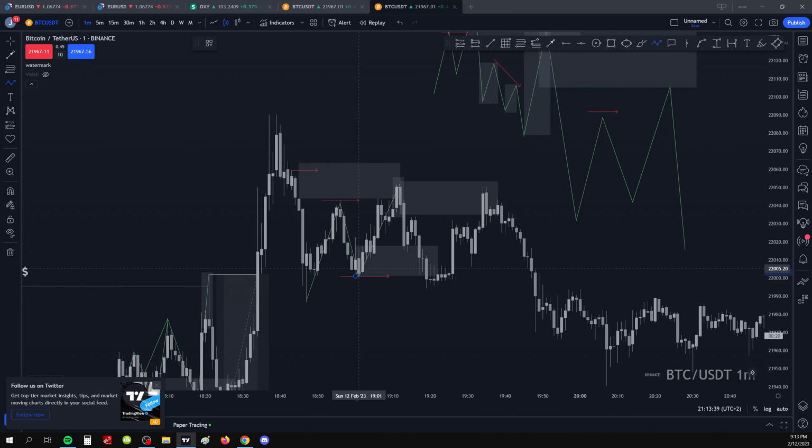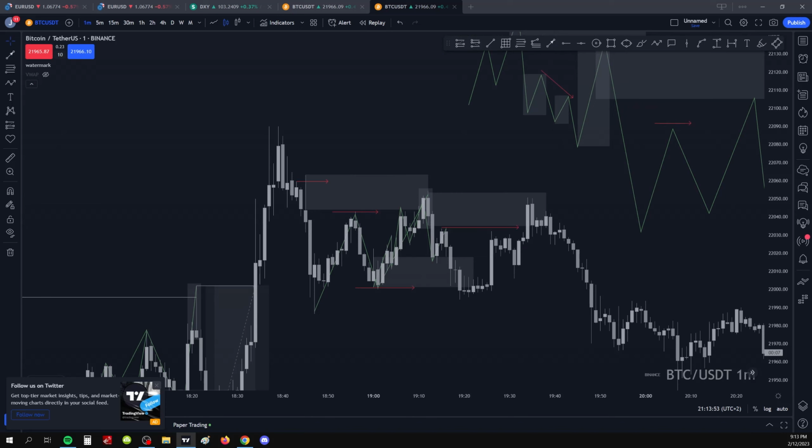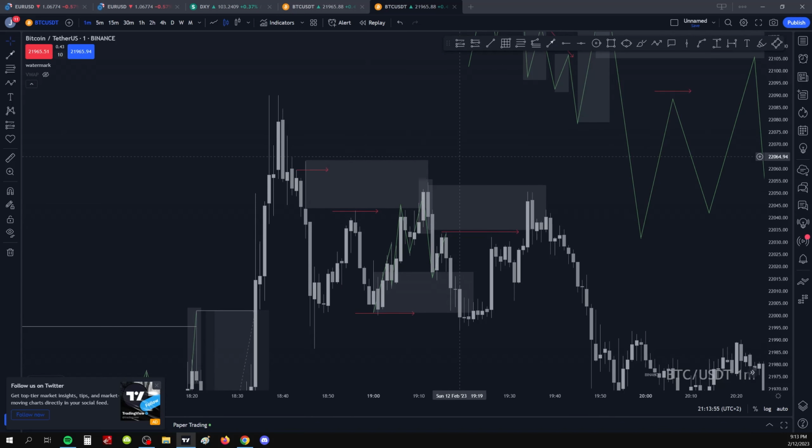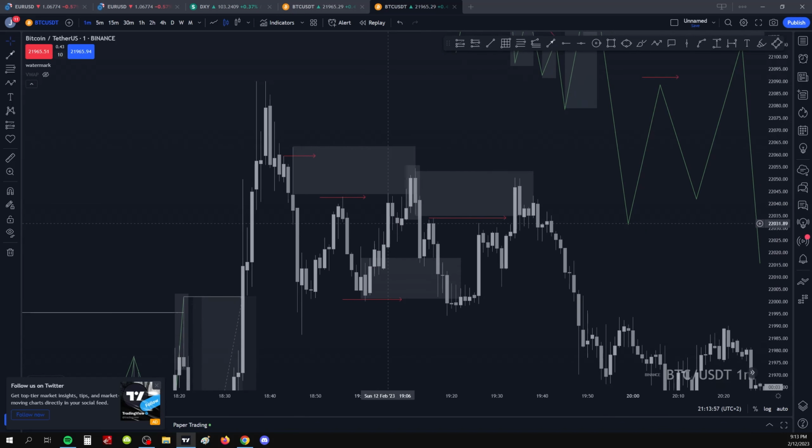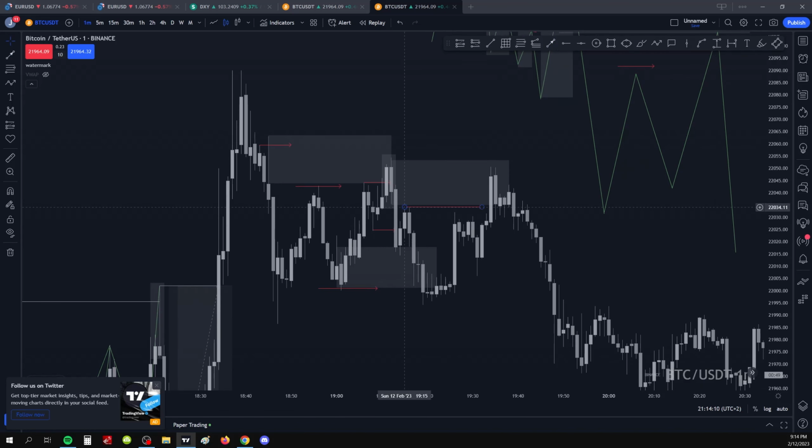What is here? We break this first high. It's an inducement. We take the stops from here and from here. We take the stops and we break this low and we create this high.